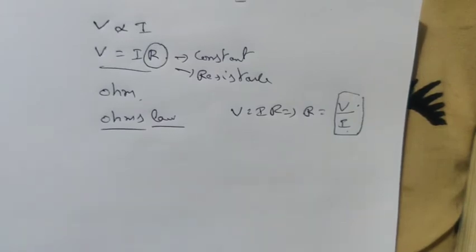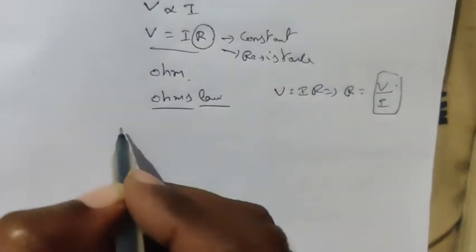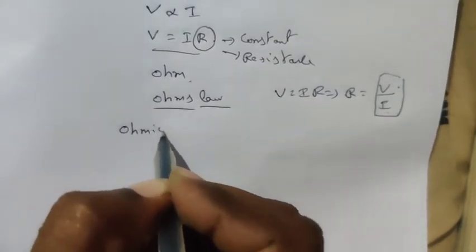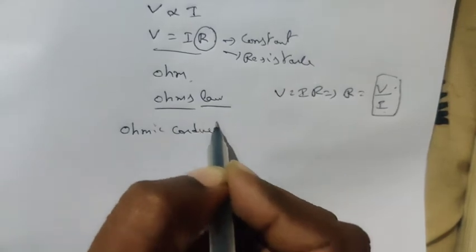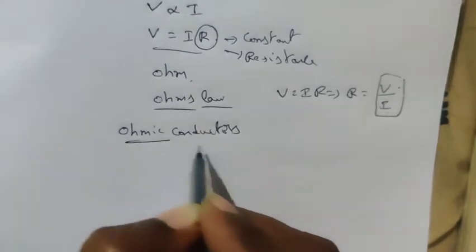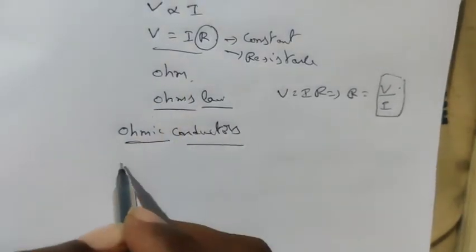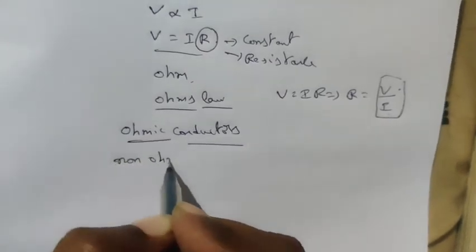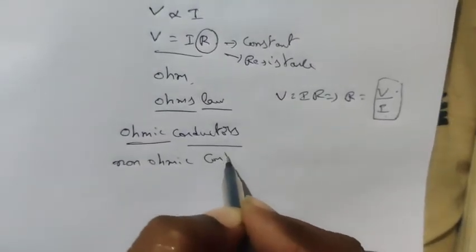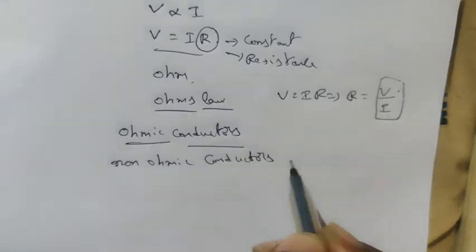The conductors which follow Ohm's law are called ohmic conductors. They only obey that rule. The conductors which do not follow Ohm's law are called non-ohmic conductors. They don't obey Ohm's law.